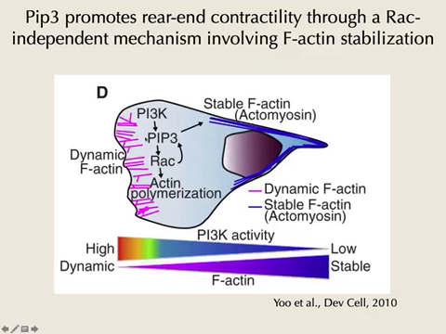This was an interesting observation leading to the following model, which is that downstream of this PI3 kinase, PIP2 or PIP3, so you have various forms as you see on the slide, you activate RAC, and that promotes actin polymerization at the front. But somehow the PIP concentration also feeds into the contractility at the back, and at the time they didn't really know how.